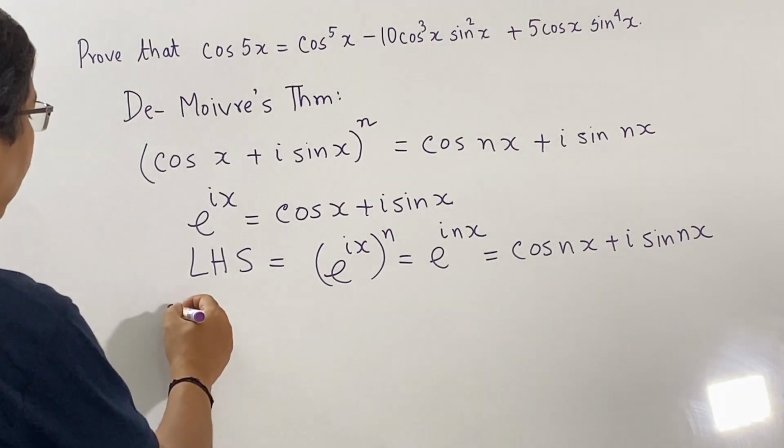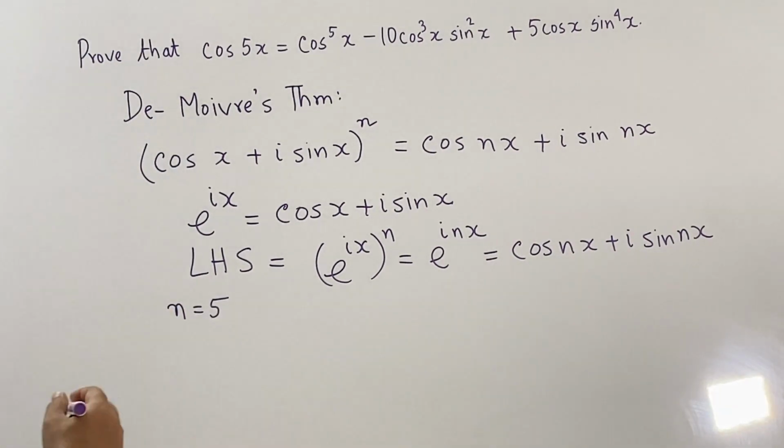Now, suppose n is 5 and let us use the binomial theorem.